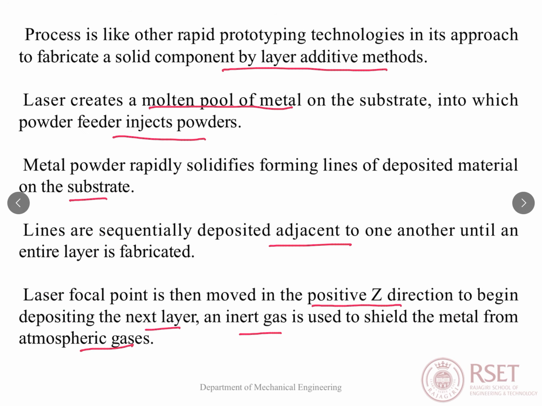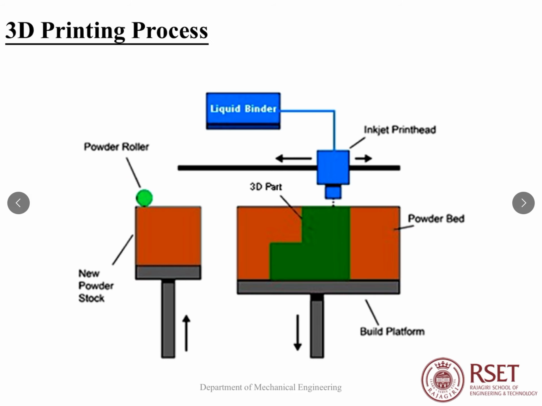The process is like a rapid prototyping technique to fabricate a solid component by laser additive manufacturing. The laser creates a molten pool of metal on the substrate, into which the powder feeder injects extra powder. The metal powder rapidly solidifies, forming lines of deposited material on the substrate. This gets solidified and the process continues to get the final product.